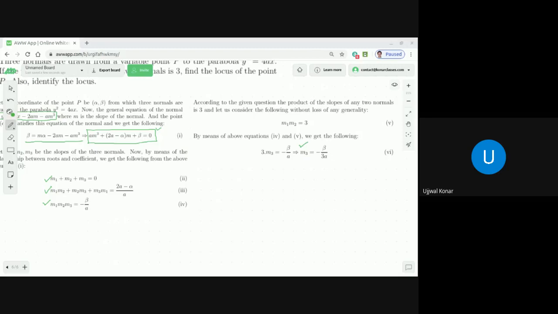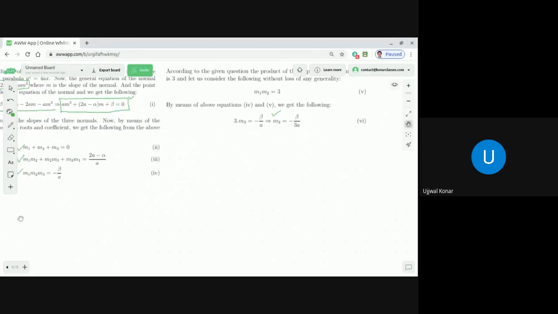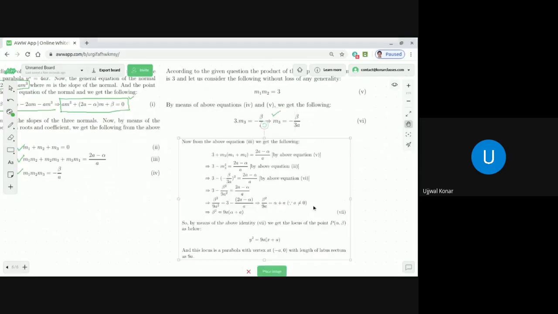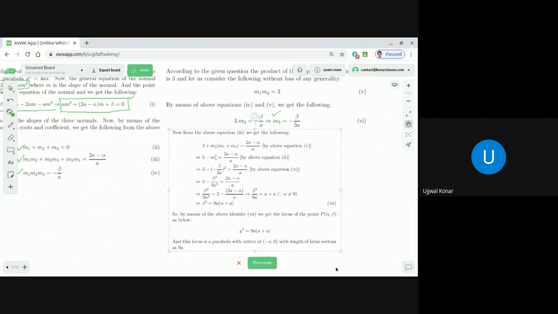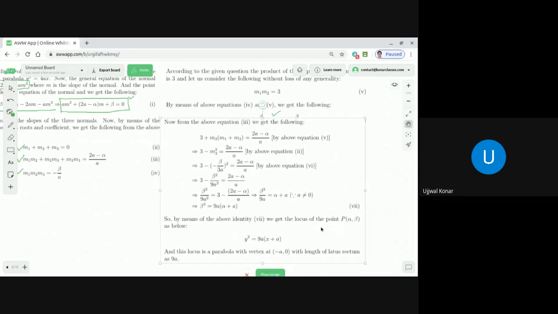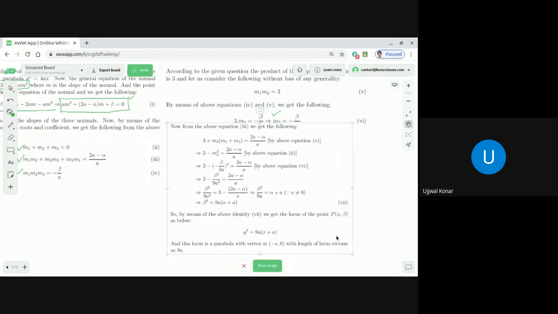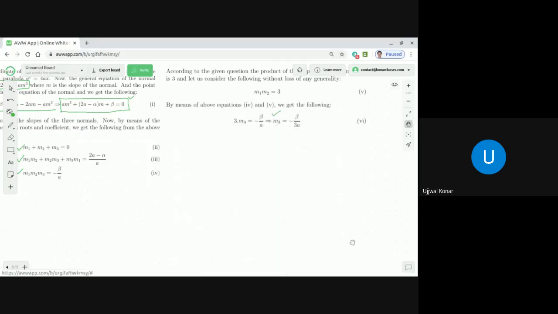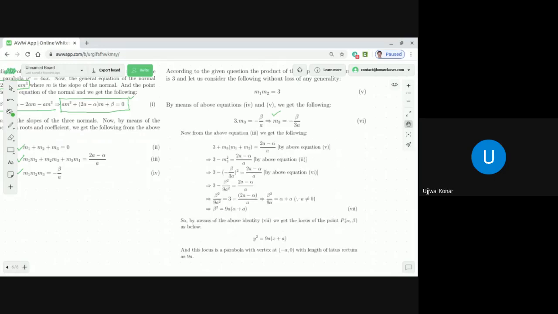So if we concentrate on equation 3, what we are going to get, dear students, let me pull up the solution, and then we'll discuss. Now, what we'll get in equation number 3, if we write all this: m1, m2, we already know is 3.